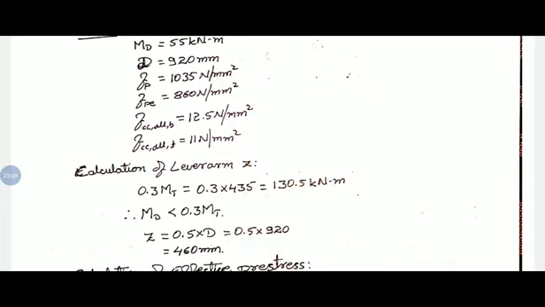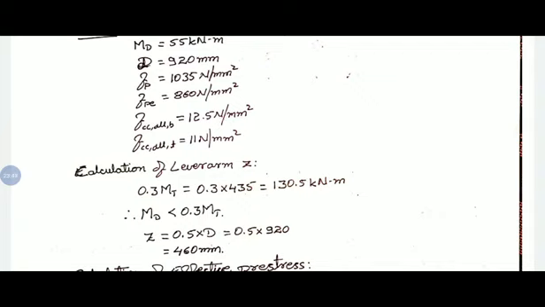MT is directly given, depth is also directly given here, depth is restricted to 920 mm. So the first 4 steps are over because dead load moment is also given; up to the 5th step it is given in the question itself. So next we directly go for the 6th step, calculation of lever arm.